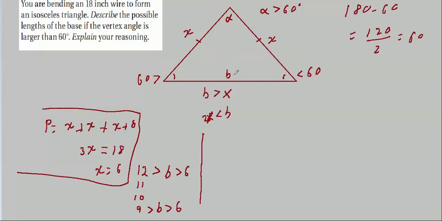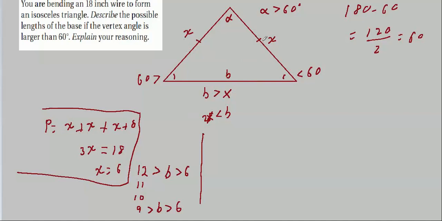Note the fact that they can't all be equal. We know they can't all be equal because this angle is larger. If they can't all be equal, this is the largest one. These two add up to more than this. On the other hand, this by itself is more than either one of these by themselves.